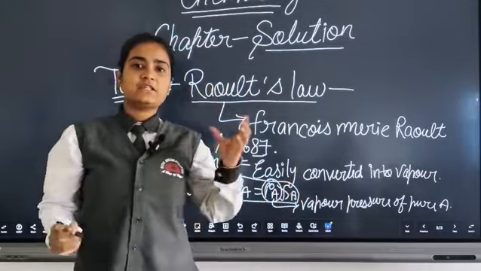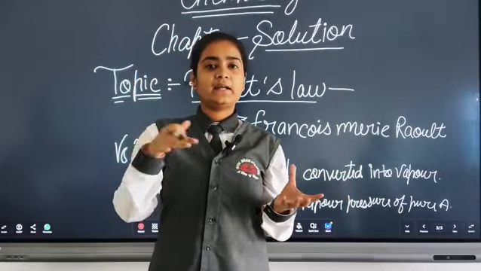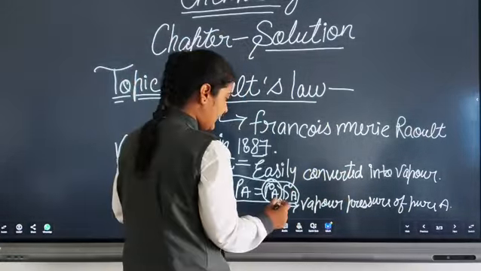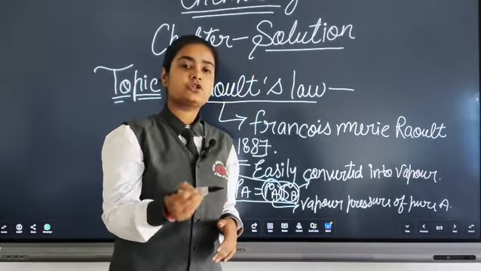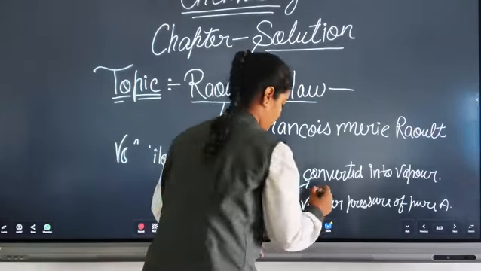Pure A means that in the solvent, no solute is dissolved, and chi A represents how much solute gets dissolved in a solvent to form a solution.